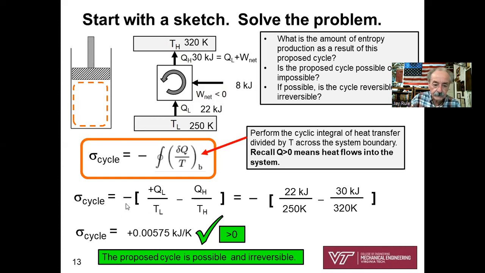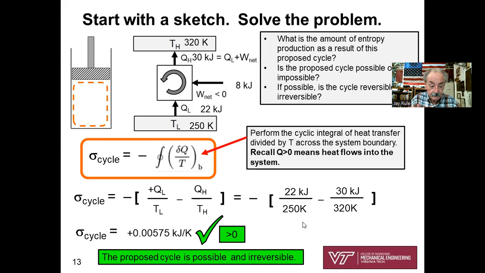Sigma cycle equals minus two terms, two instances of heat transfer. Let's work on the heat going in first, plus QL divided by TL. It's our integral. Then we'll worry about the heat rejected. So QH is a minus number, minus 30 over 320. Okay, wow, now I've got it.